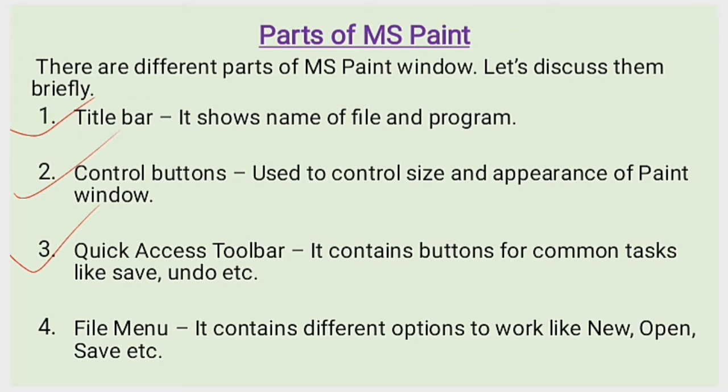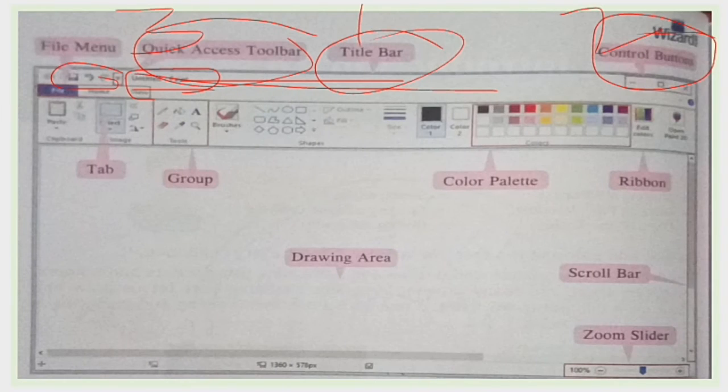Now number 4 is the file menu. It contains different options to work like new, open, save, etc. Number 4 is this one, written in dark blue color, file.